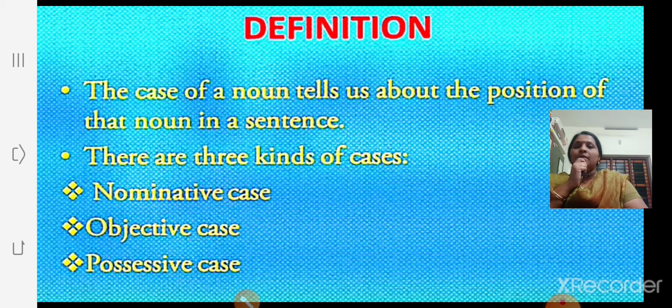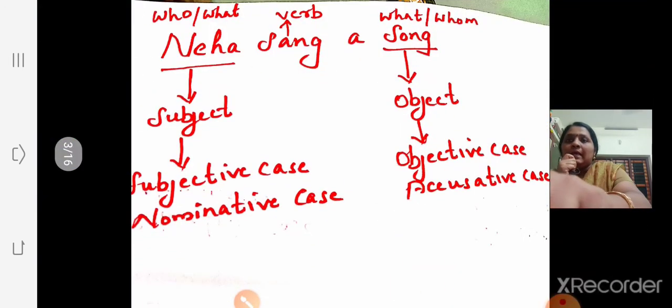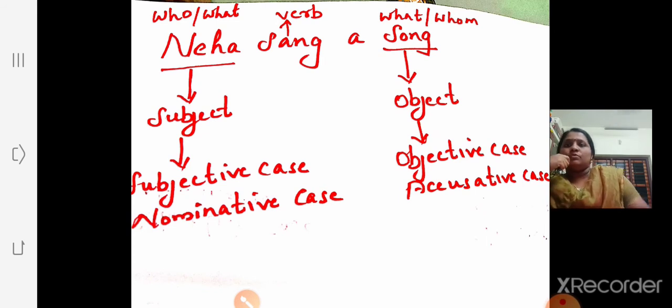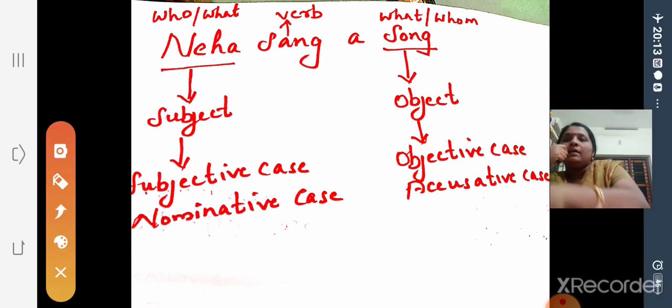So, I'll explain one by one based on an example. Okay, an example given in your textbook. So look at here. Neha sang a song. So look at this sentence. In this sentence, we can see many words, isn't it?